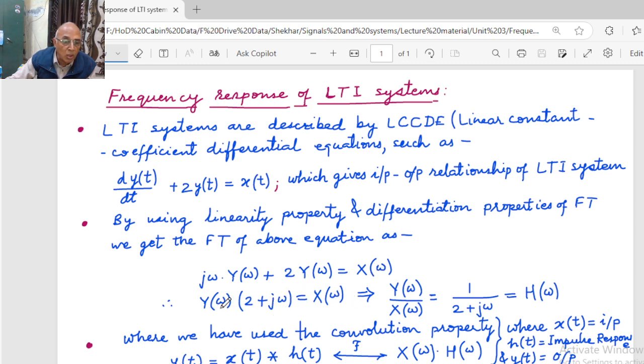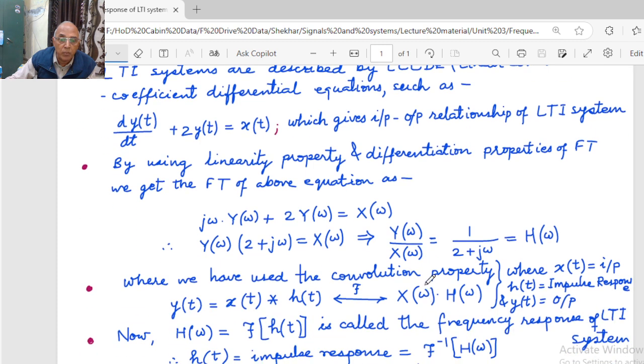Now we can solve for Y omega divided by X omega, which comes as 1 divided by 2 plus j omega. According to this property, we call the X omega H omega product as Y omega. Therefore, the Y omega by X omega ratio will be H omega.